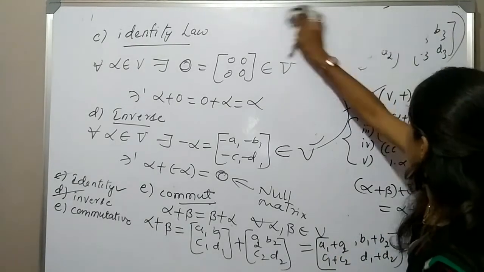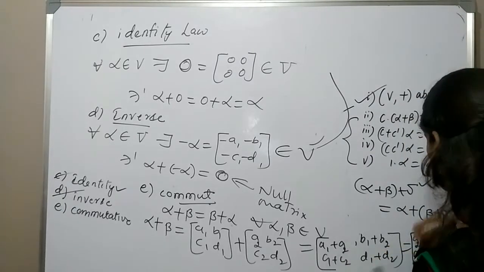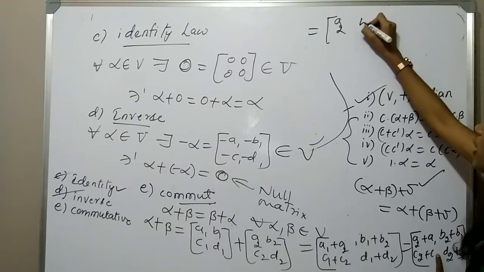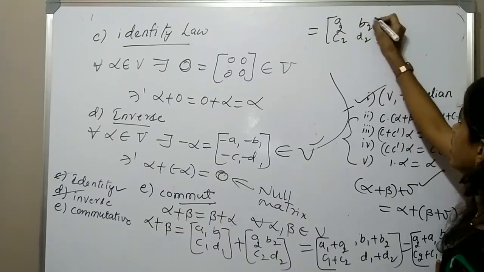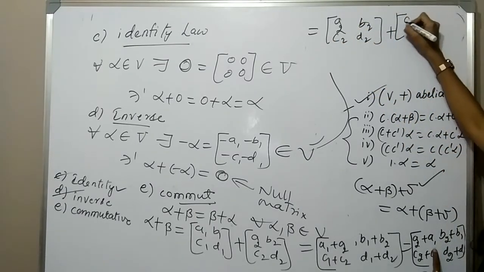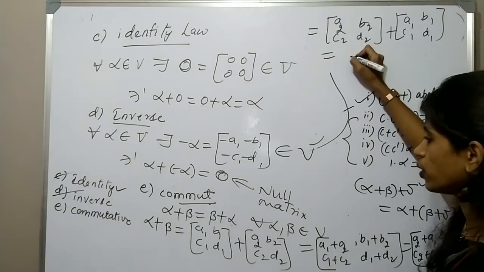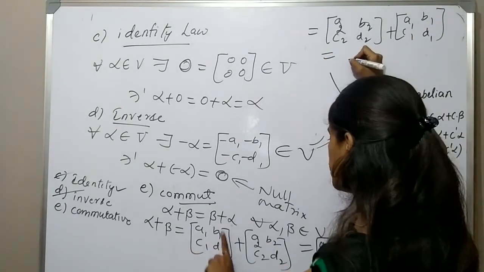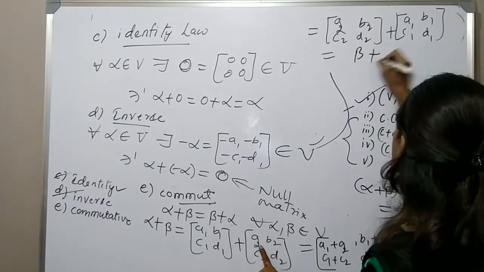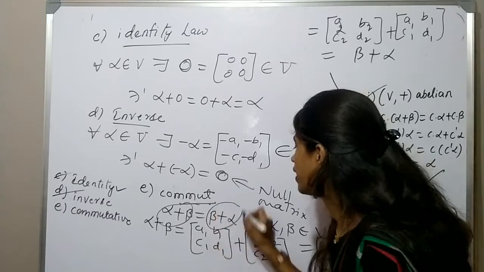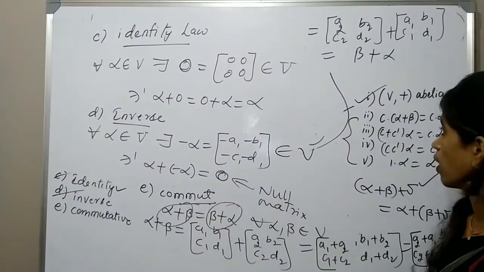So next step for that one, A2 plus A1 can be written as what? A2, B2, C2, D2 plus A1, B1, C1, D1. So what is this? A2, B2, C2, D2 is beta, and A1, B1, C1, D1 is alpha. So if I take alpha plus beta, I am getting beta plus alpha, therefore commutative law holds.